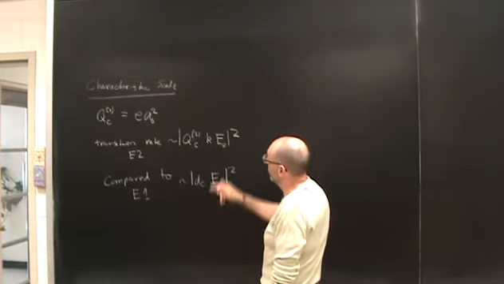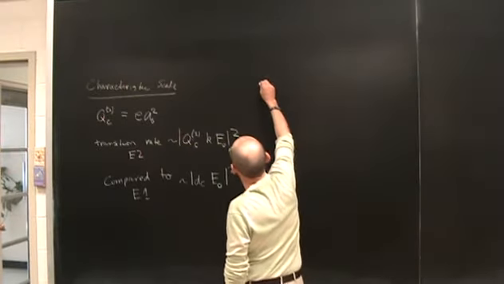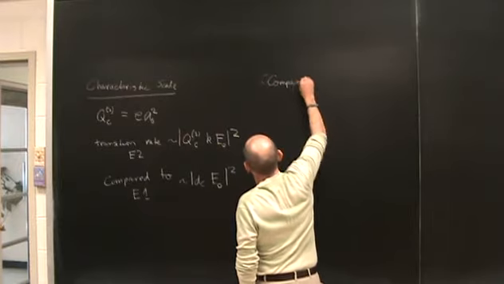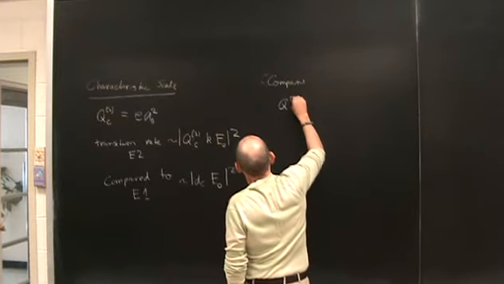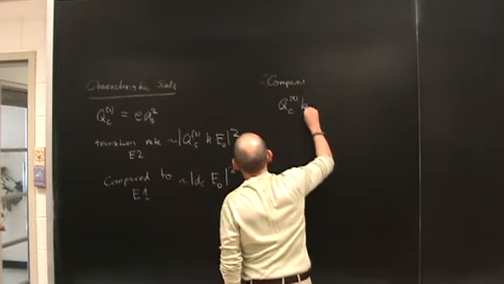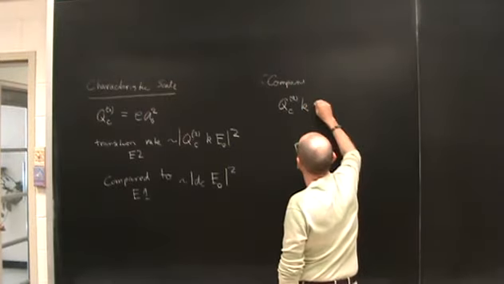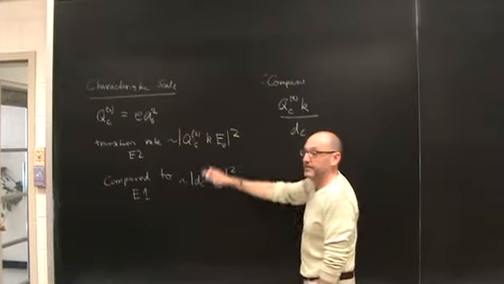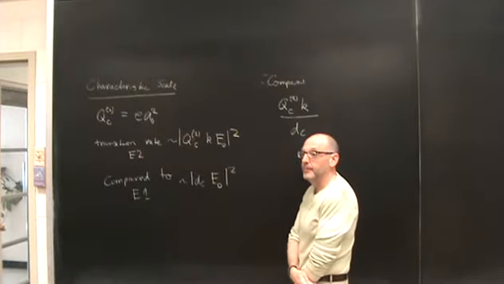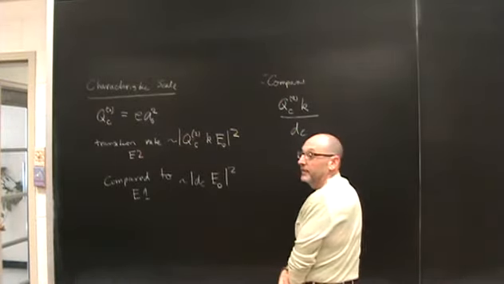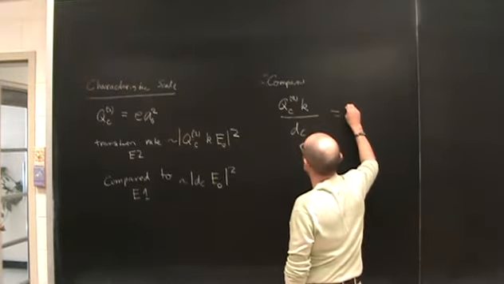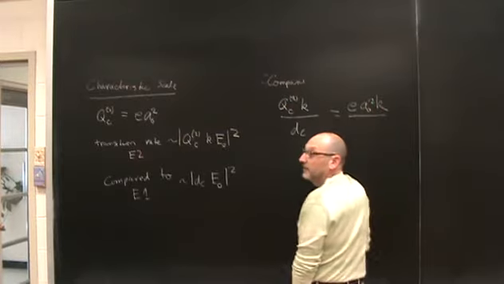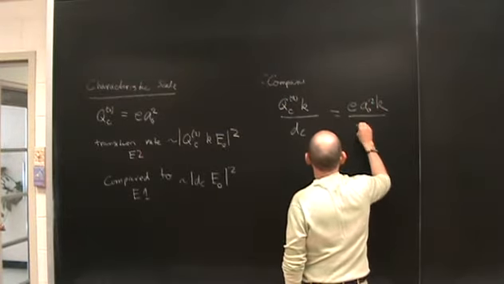So what we want to compare is this times the wavelength compared to the characteristic dipole. That's the ratio we care about, right? So this is e a naught squared times k divided by e a naught.